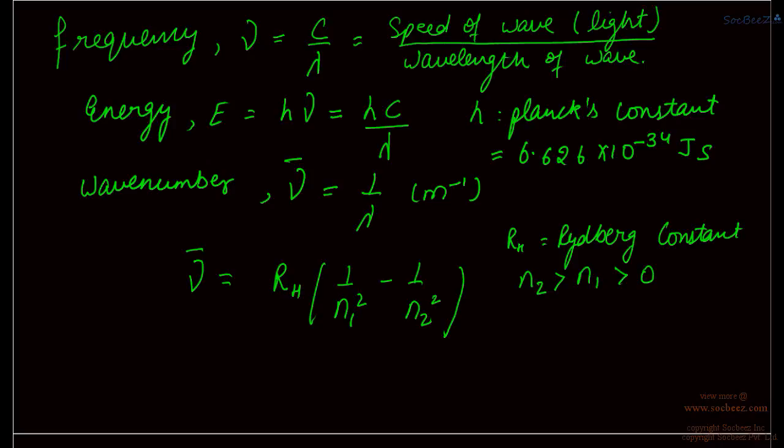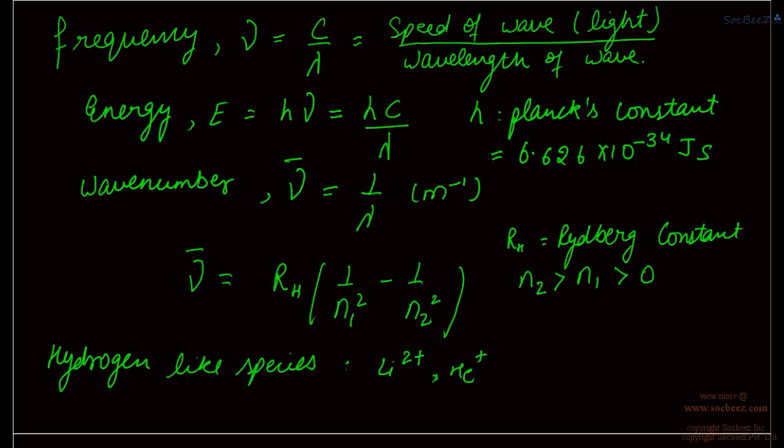Okay. Now, in the case of hydrogen-like species, meaning species which have only one electron, for example lithium 2+ or helium plus, they have got only one electron in their atom, so they can be termed as hydrogen-like species.